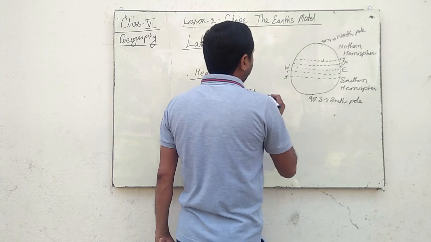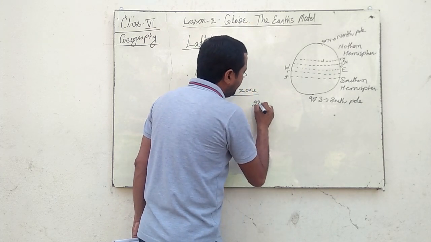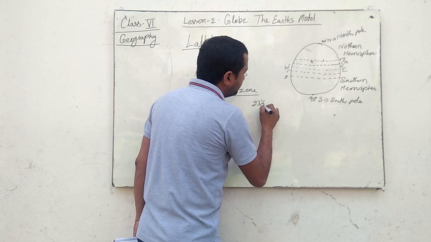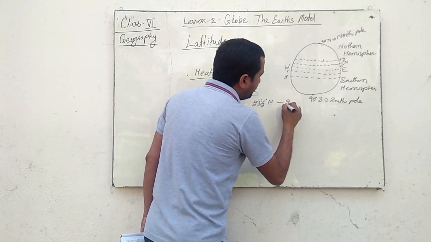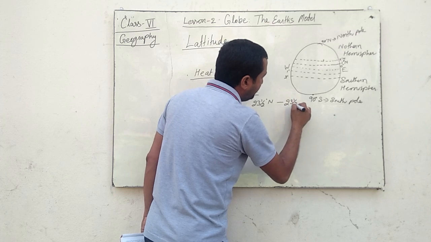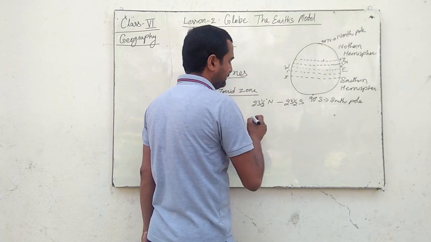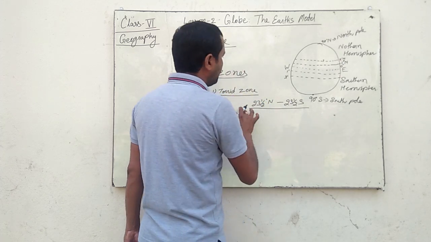The region between 23.5 degree north to 23.5 degree south is called torrid zone.